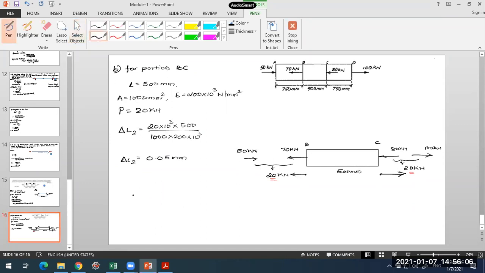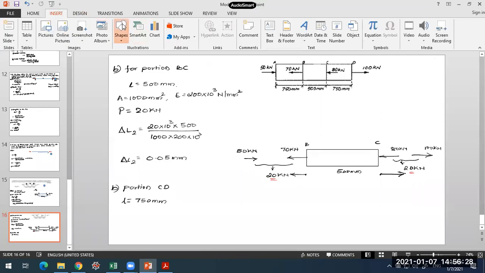Then we are left with one more portion, this segment CD. What is the deformation in this portion? For this portion, the length is 750 mm. What we need to find is the net force on this portion.